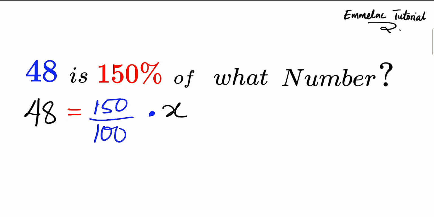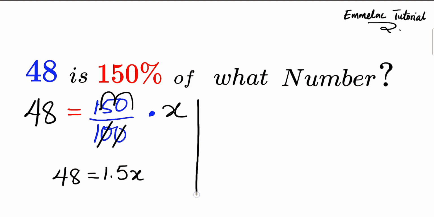We know that 150 divided by 100, all we need to do is cancel out these two zeros, take your decimal from the right hand side, move 2 times to the left. So we end up having 48 equals 1.5 times x.